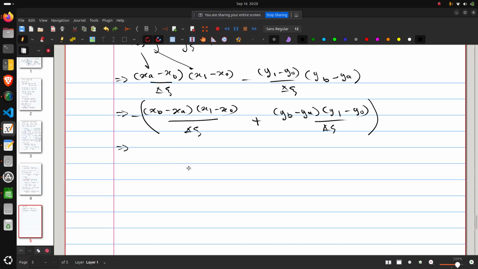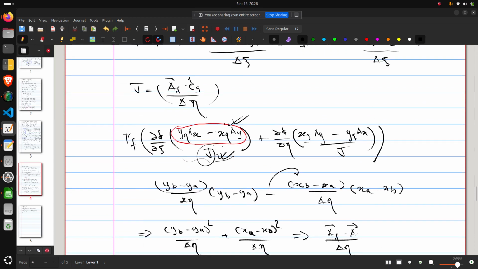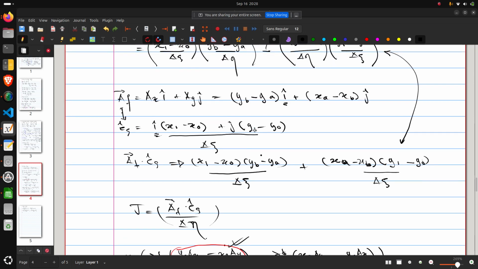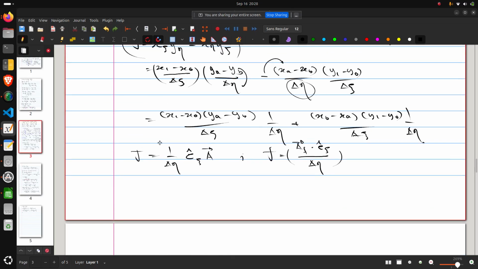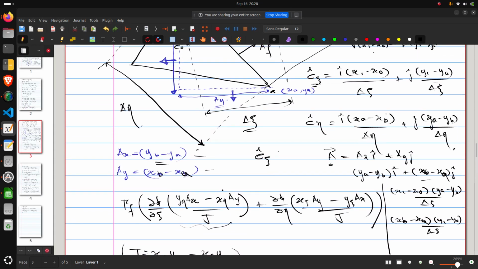Okay, so we have the two area normals, two unit normals. These are the E psi and E eta. Where are they? Yes, here we have it. x1 minus x naught, y1 minus y naught.